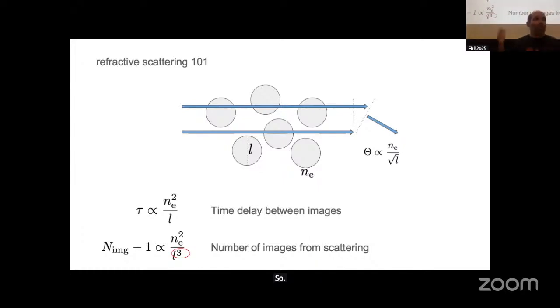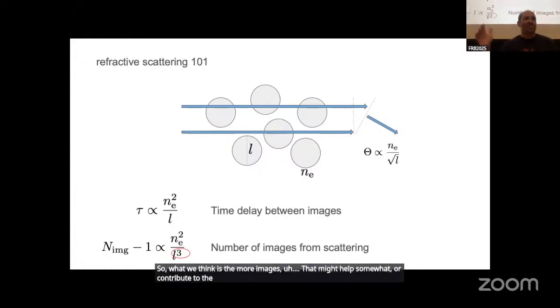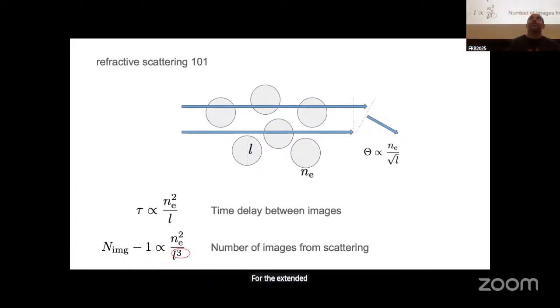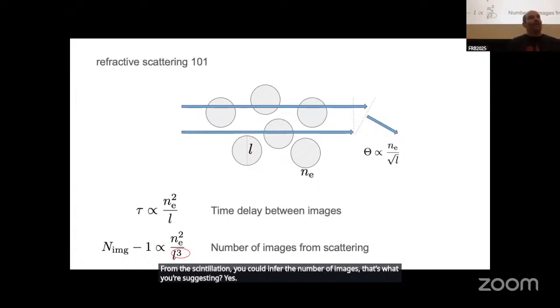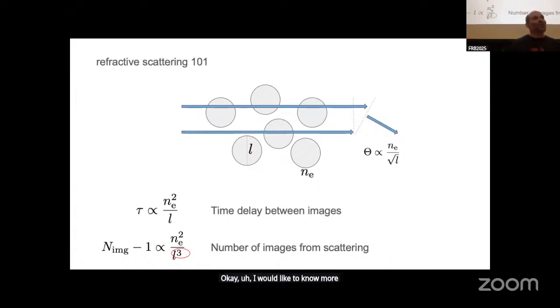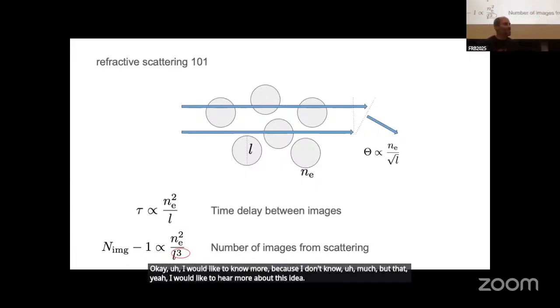What we think is that more images might help somewhat or contribute to the extended tail somewhat, but I think the diffraction, the multipath propagation, is more responsible for the extended tail. From the scintillation, you could infer the number of images. That's what you're suggesting? Yes. Okay, I would like to know more because I don't know much, but yeah, I would like to hear more about this idea. Thank you.